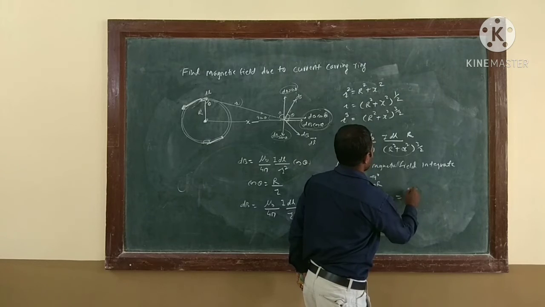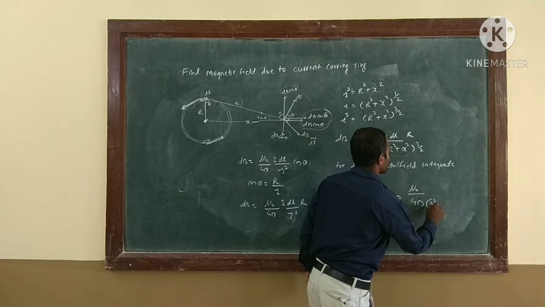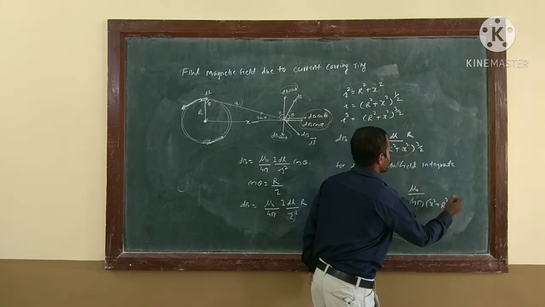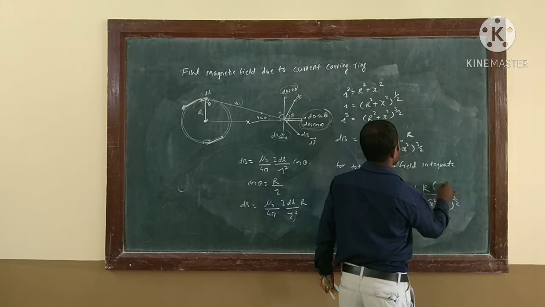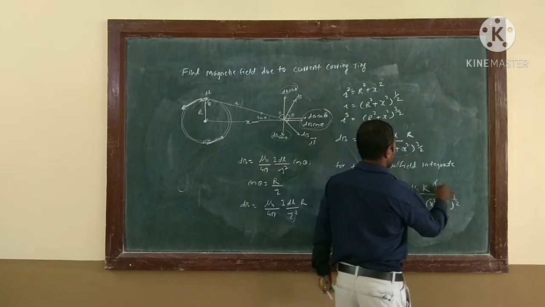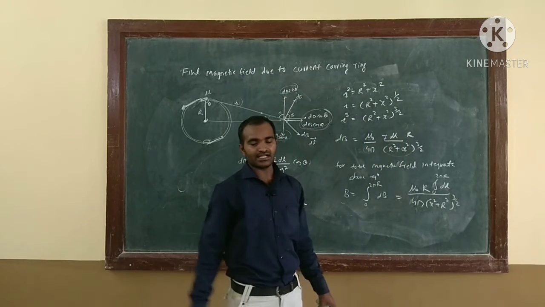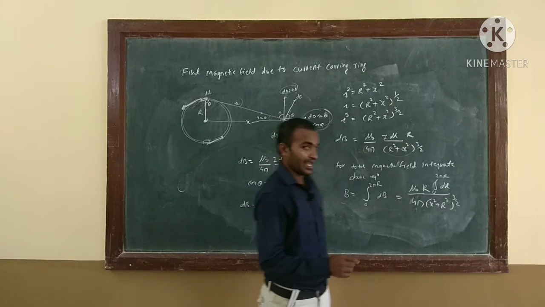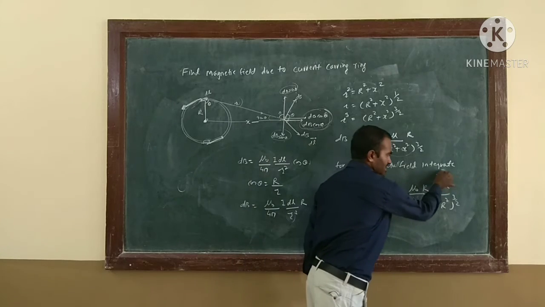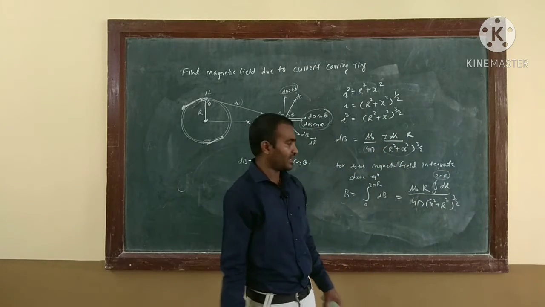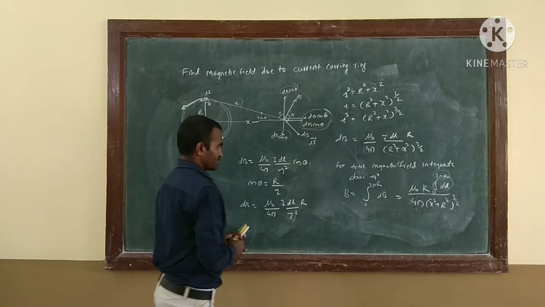So mu 0 I R upon 4 pi, R square plus x square raised to 3 by 2, and integration of dl from 0 to 2 pi r. Integration of dl is the total length, and the total length is 2 pi r.